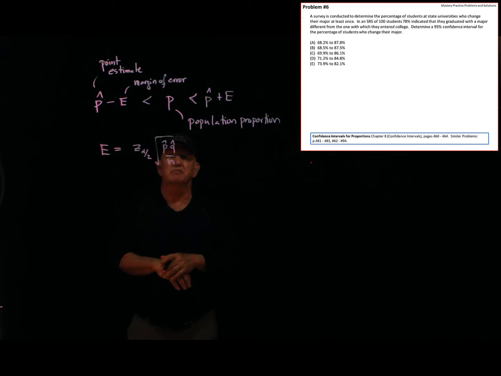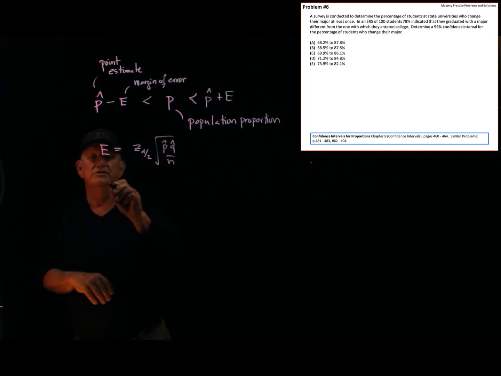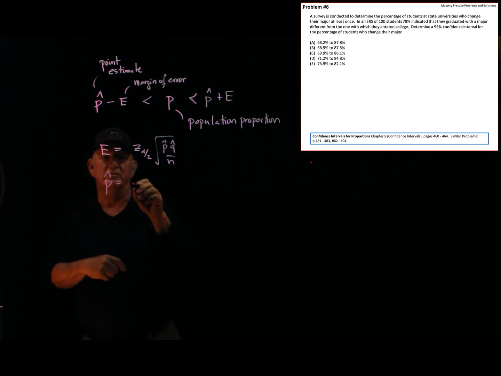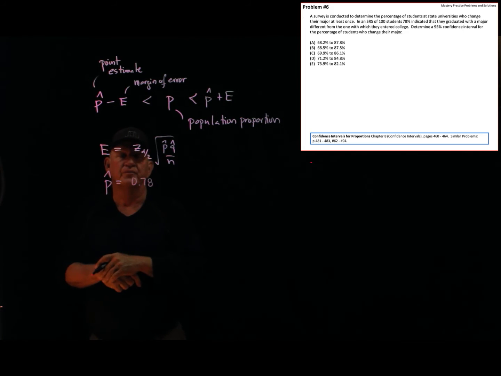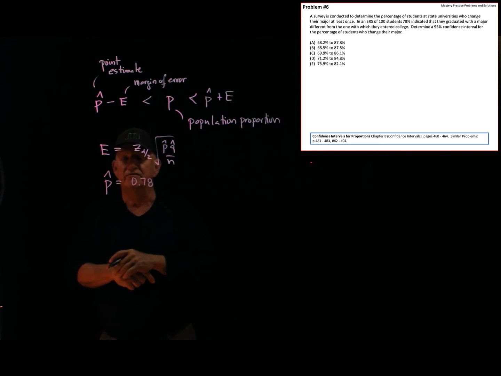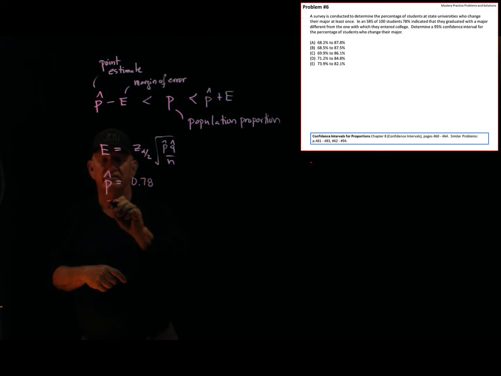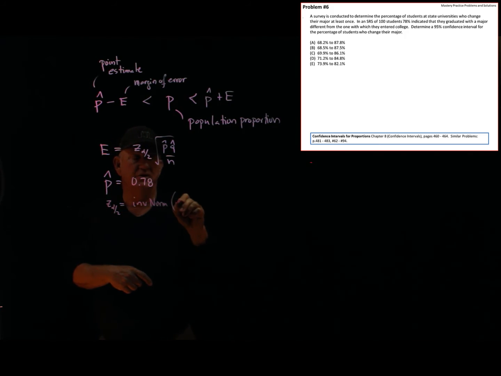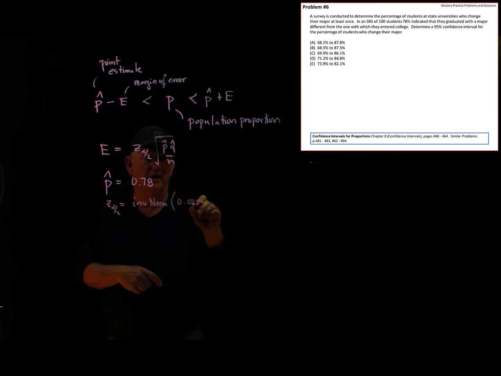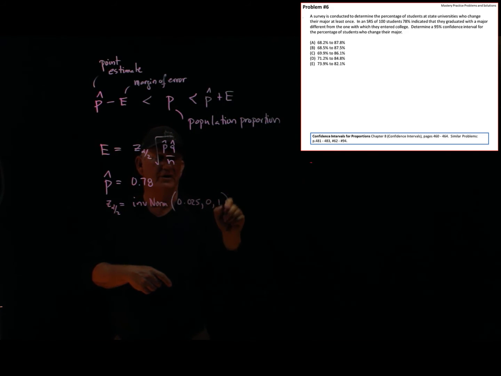So if you want to do this by hand, let's just note that from the problem statement, the sample proportion is 0.78. We want 95%, and so to find Z alpha over 2, we have to go to inverse norm, and we'll put in 0.025, 0, and 1 in order to find that.